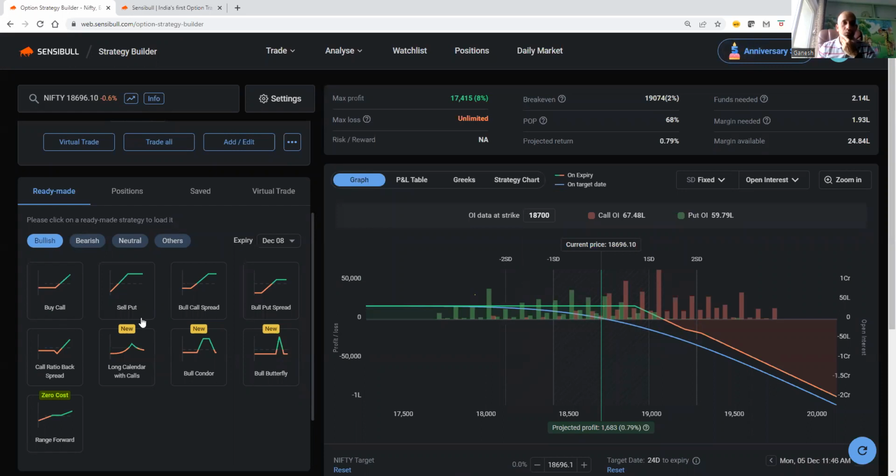Bull call, sell put, bull call spread, bull put spread, long calendar with calls, bull butterfly. They introduced new strategies recently; earlier I didn't see these. If you spend some more time on the straddle in these ready-made strategies, there are several things.